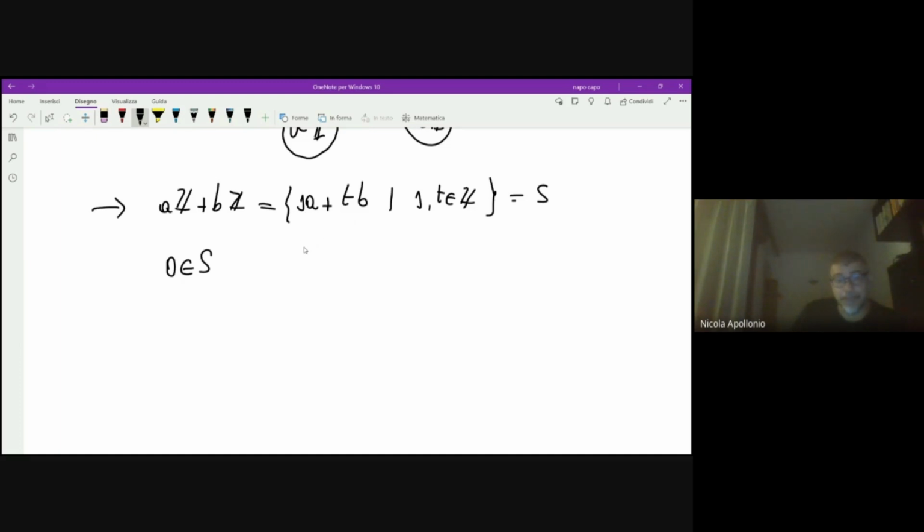Because you can pick S equal to T equal to 0. This is a special linear combination, and these are special coefficients of the linear combination. If you put 0 here and 0 here, you get 0. So 0 is the result of the special linear combination, and it is in S.